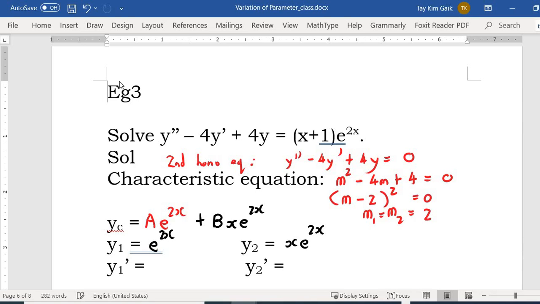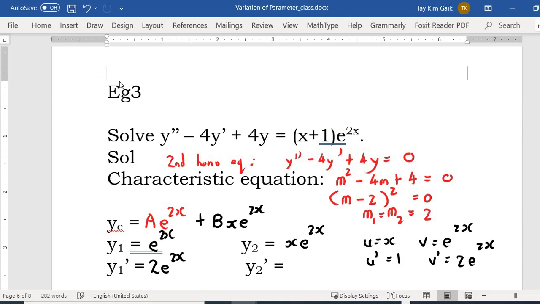So differentiate y1, we have 2 exponent 2x. Okay, to differentiate y2, this is in the form of uv, where the u is actually your x, v is actually exponent 2x. So your u prime will be 1, v prime will be 2 exponent 2x.